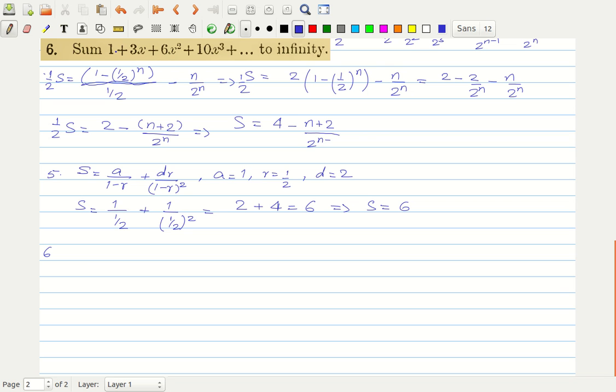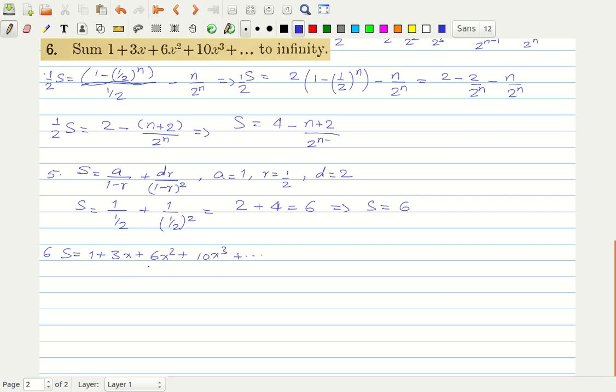So it is 1 plus 2 is 3, 3 plus 3 is 6, 6 plus 4 is 10, and so on. So we cannot apply this formula directly over here. So first we have to write our series as 1 plus 3x plus 6x square plus 10x cube and so on.